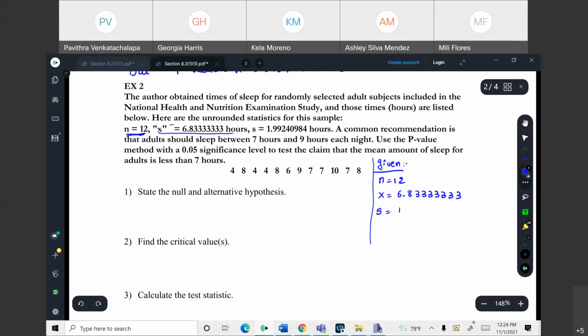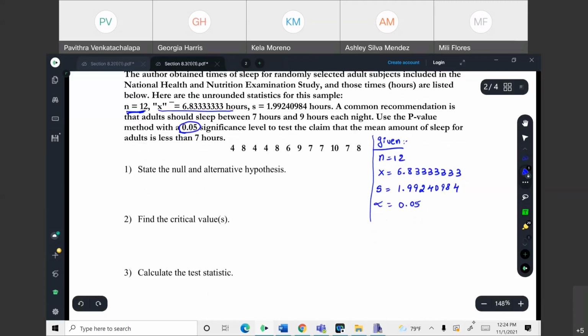So S is equal to 1.99240984. And alpha is given, significance level 0.05. Now that we have this, let us write the H naught first, which is mu, since we are doing it for the mean, you will be representing this by mu.